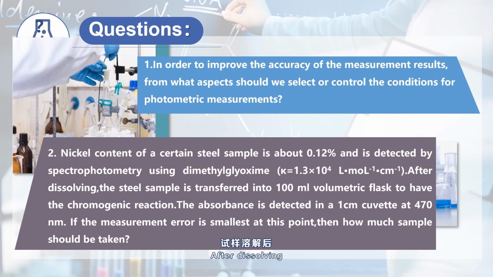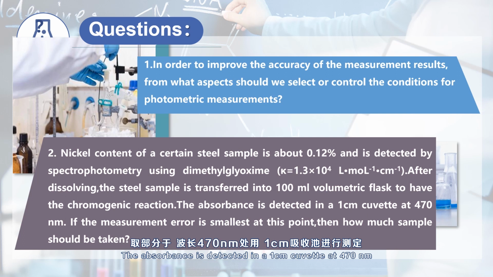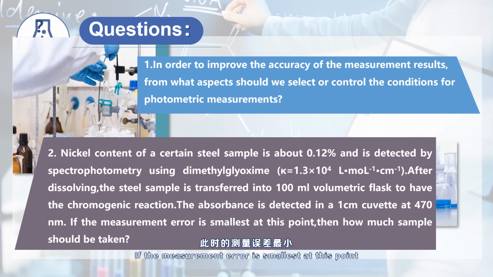After dissolving, the steel sample is transferred into 100 ml volumetric flask to have the chromogenic reaction. The absorbance is detected in a 1 cm cuvette at 470 nanometer. If the measurement error is smallest at this point, then how much sample should be taken?